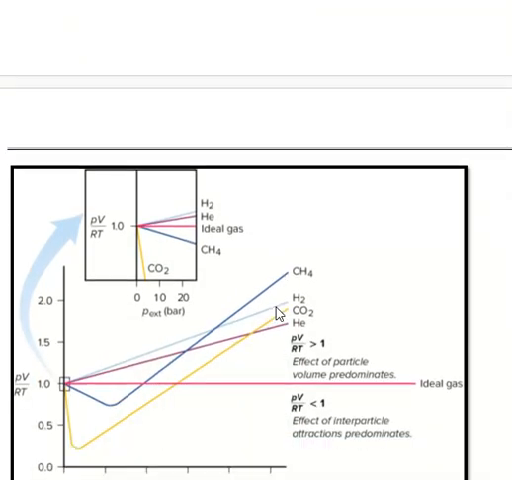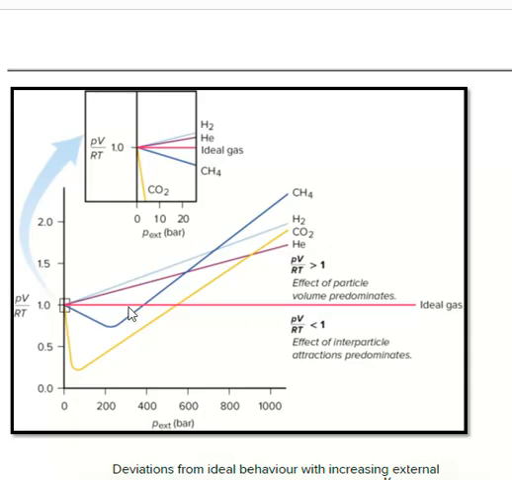We see this phenomenon via a graph, in which the y-axis is the compressibility factor values, that is 0, 0.5, 1, 1.5 and 2. 1 is the compressibility factor value for ideal gases, represented by the red line.